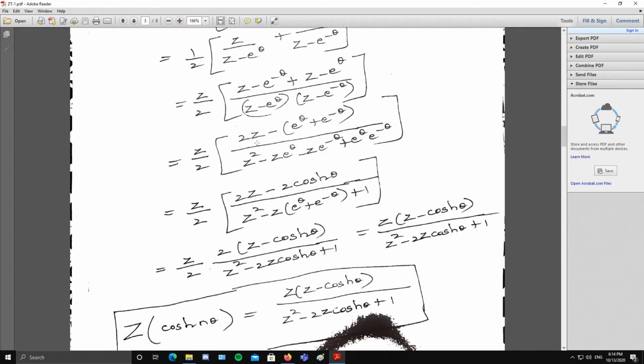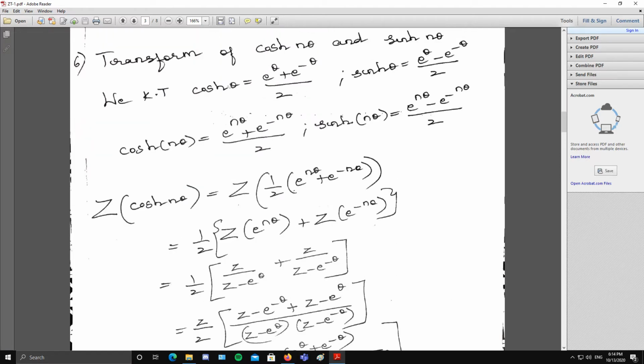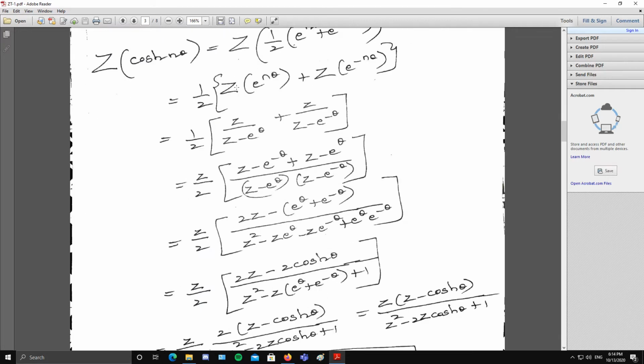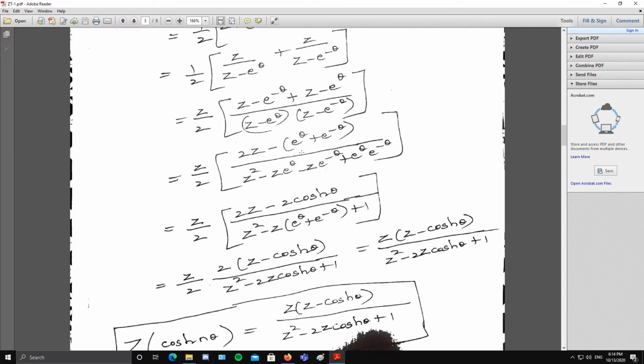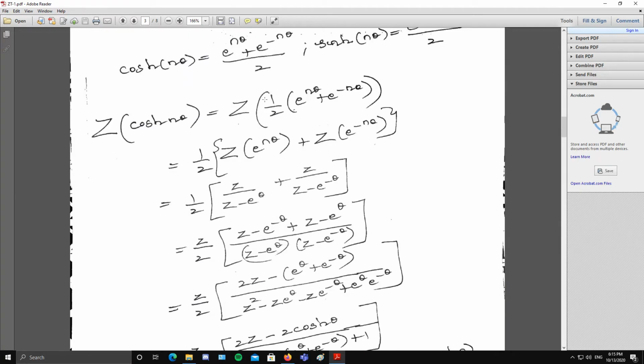What is e power theta plus e power minus theta? It is same as 2 cos h theta. So 2z minus 2 cos h theta by z square minus z into, z is common in these two terms, z times e power theta plus e power minus theta plus 1. So we are replacing e power theta plus e power minus theta by 2 cos h theta.